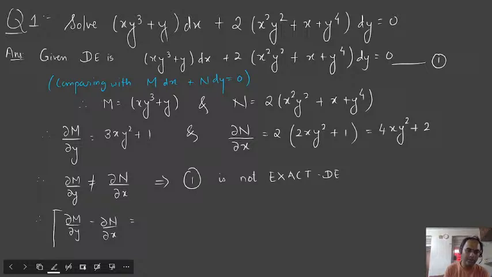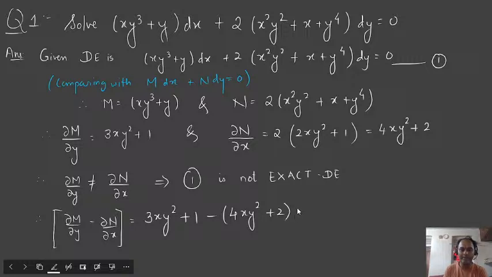In any case, we have seen there are 4 cases, and you consider this quantity as the first step before even finding which case applies. Now here we have 3xy square plus 1 minus 4xy square plus 2.